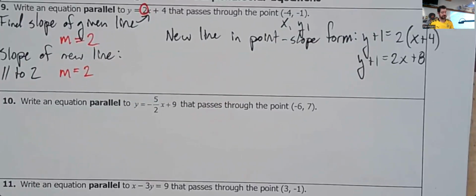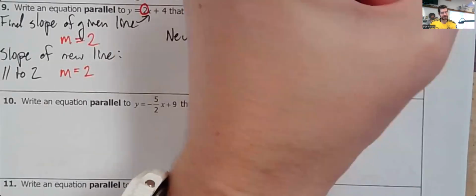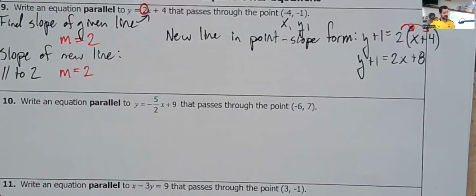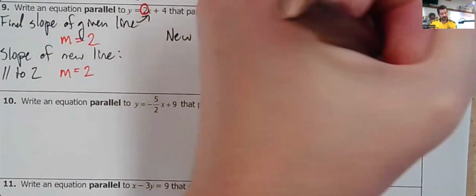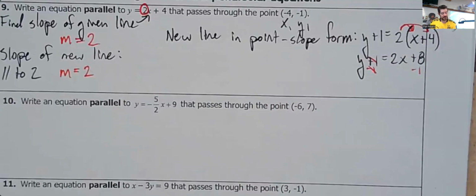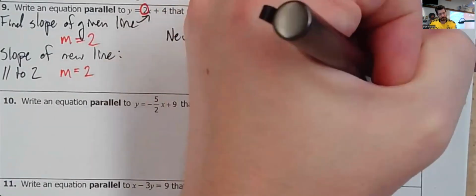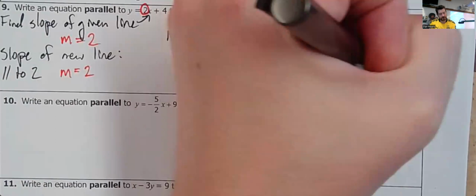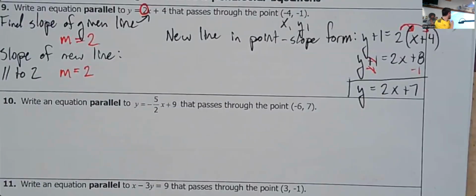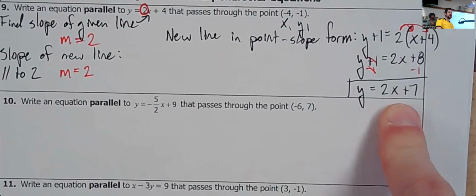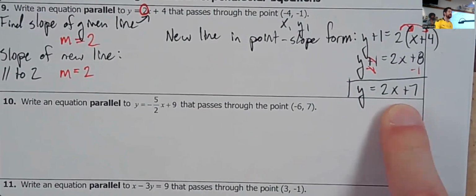When you distribute the 2, 2 times x is 2x, 2 times 4 is 8. And then subtract 1. And the answer is y equals 2x plus 7.